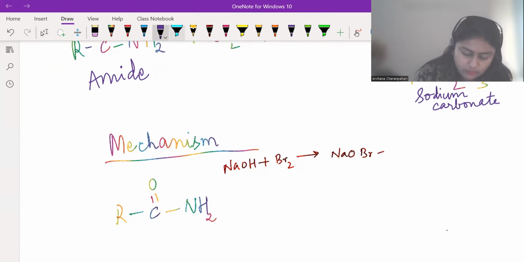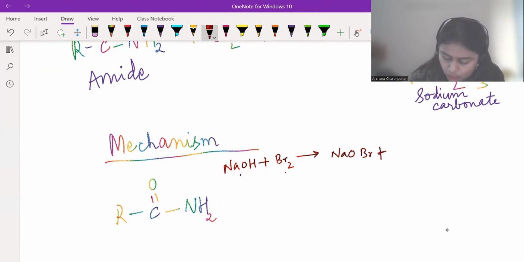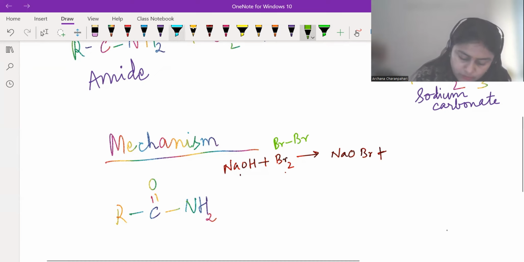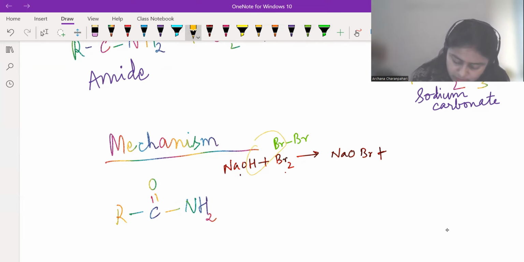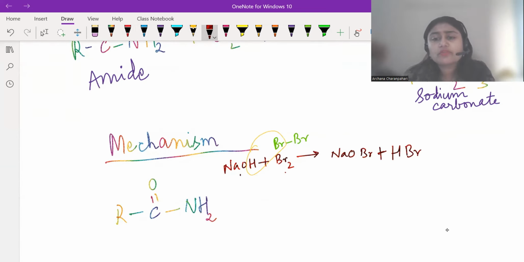In the mechanism, NaOH plus Br2 will give you NaOBr. And you can write this Br2, in order to understand better, as Br like this. So, we will be getting HBr as a side product, and we are left with what is known as hypohalite, that is NaOBr.